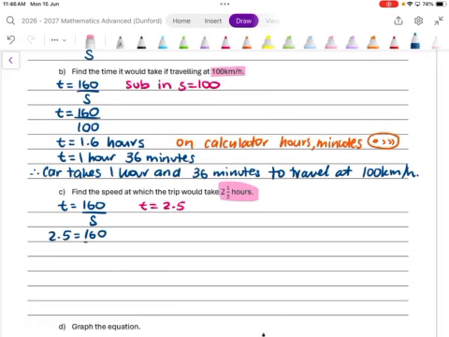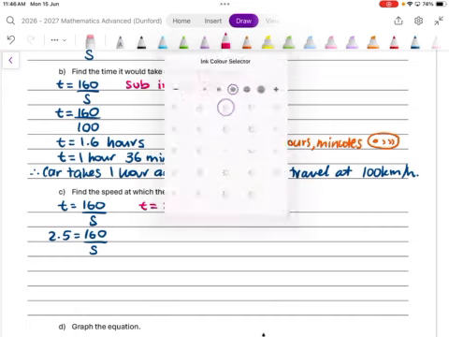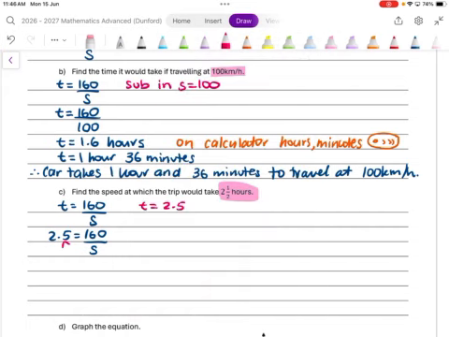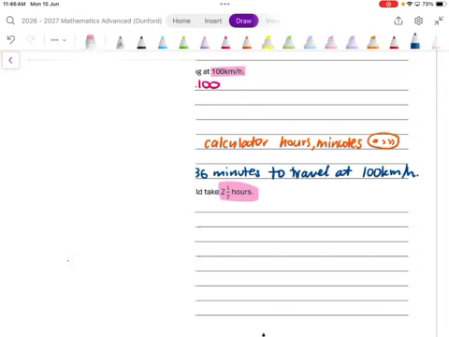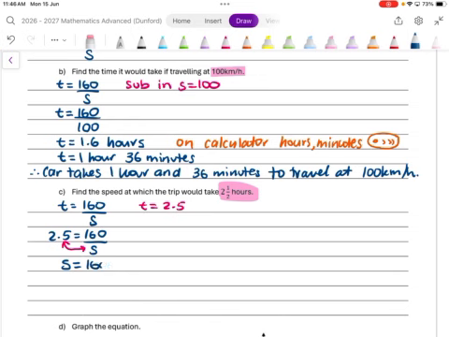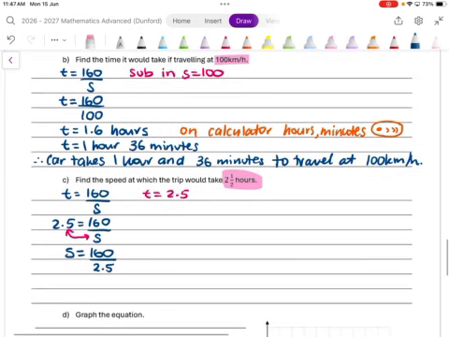We are going to make our 2.5 and our s swap spots. Because we times up our s, we divide both sides by 2.5. So we get s equals 160 over 2.5, and s equals 64 kilometres per hour when we put that into a calculator.